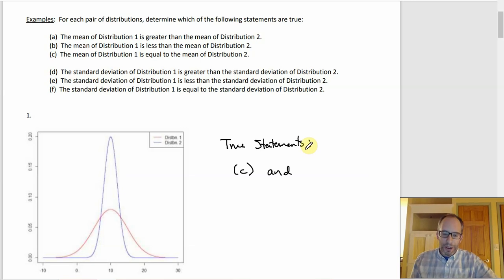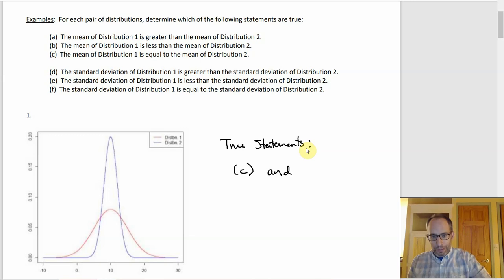But here it looks like the red one's kind of squat, like it's shorter in the middle, but the tails are thicker. And then the blue one is really tall and scrawny, right? The peak is way, way up there, but then the tails are really short. They don't stretch out very far to the left and right. So the red one has a bigger standard deviation because the tails stretch out farther.